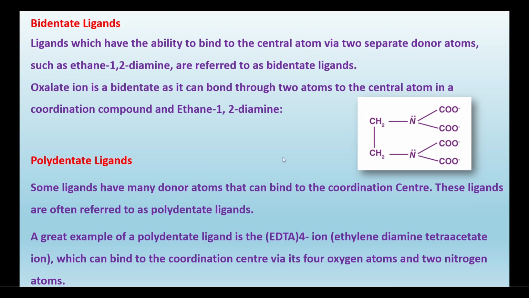Coming to the bidentate ligands. Here, the bidentate ligands are ligands having two donor atoms. Taking the example of ethane 1,2 diamine, and there is also the oxalate anion, the oxalate ion, which forms two bonds with the central atom.